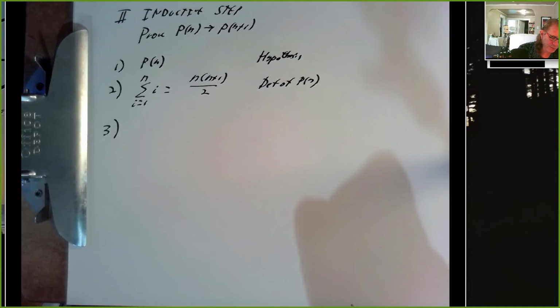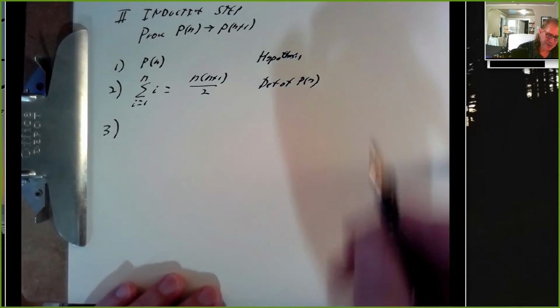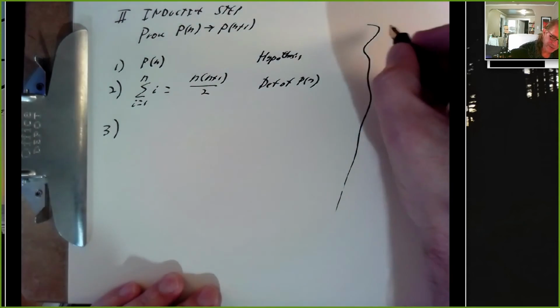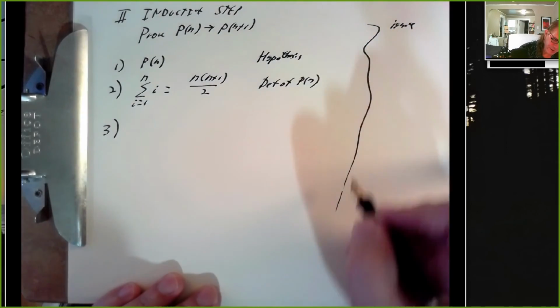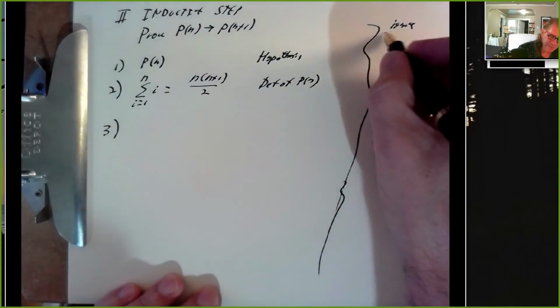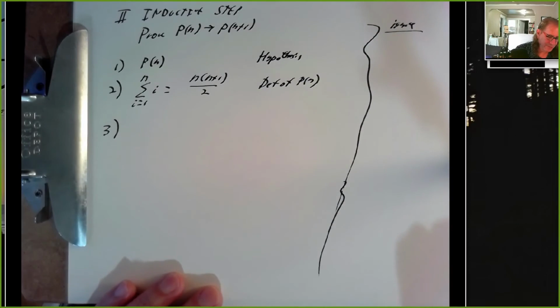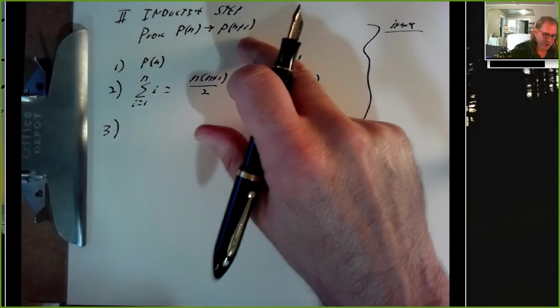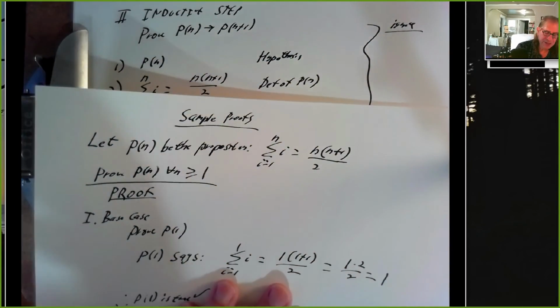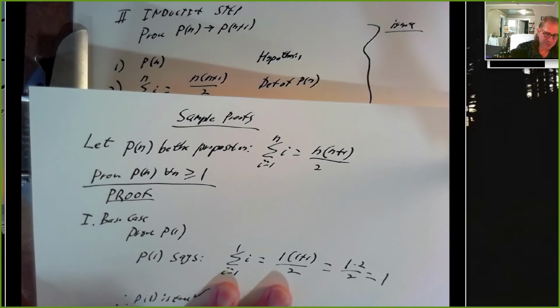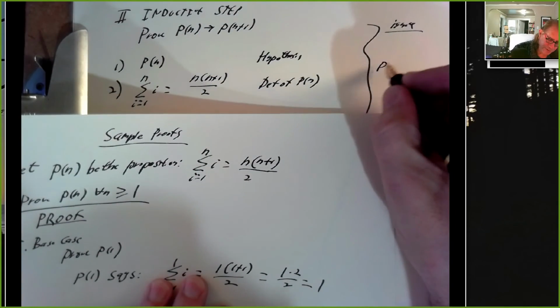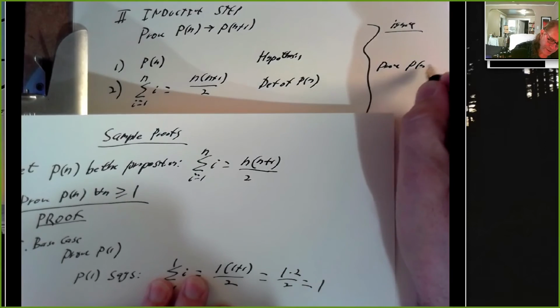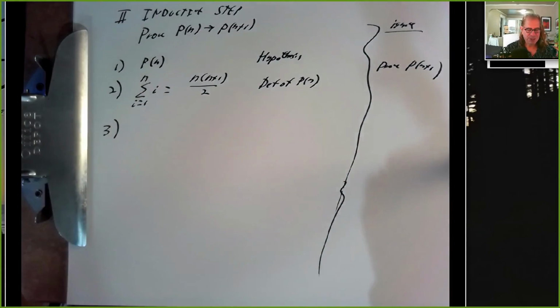All right. Well, so I'm going to make my ignore section over here, and these are going to be really important in these inductive proofs. So ignore this. What am I trying to do? I'm trying to prove P of n plus 1. Well, sometimes it's helpful to write out what it is we're trying to prove. So we want to prove P of n plus 1. Well, what is P of n plus 1?